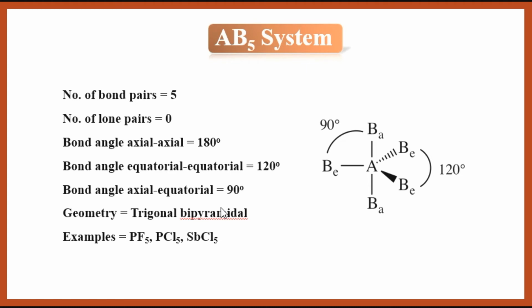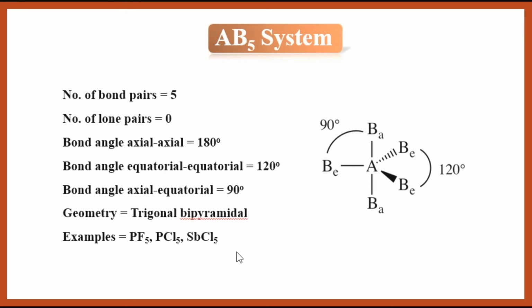Hence, the Lewis structure for phosphorus pentafluoride or phosphorus pentachloride or antimony pentachloride shows that there are 5 bonding electron pairs around the central phosphorus atom.